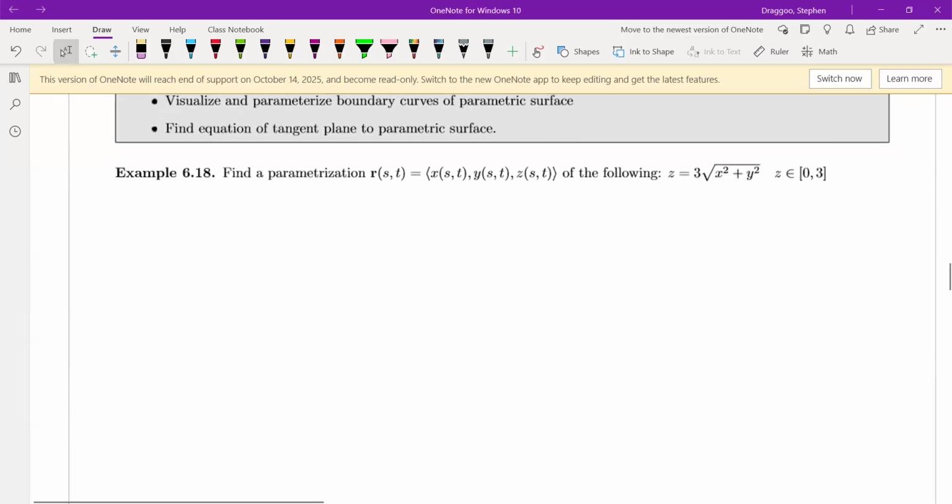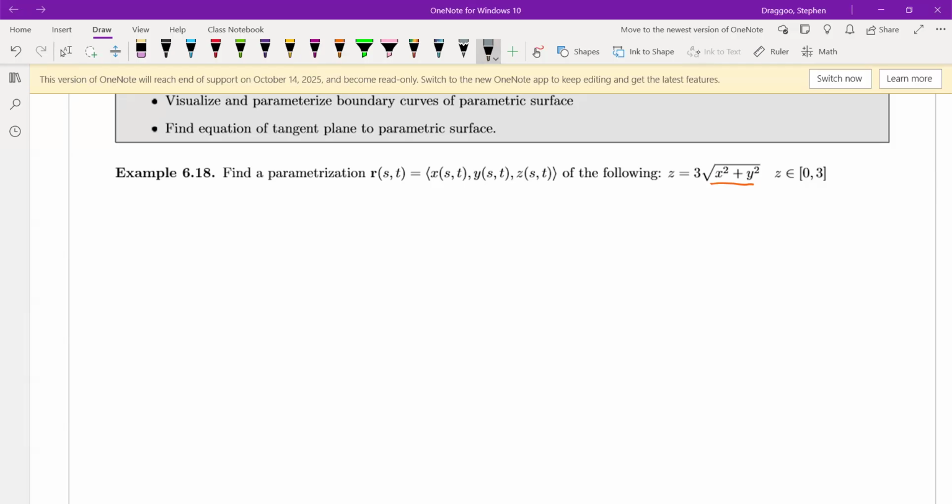So we want to find a parameterization for the surface z equals 3 square root of x squared plus y squared. Now, when I see that equation, two things come to mind. First thing is looking at that x squared plus y squared on the inside of a square root.